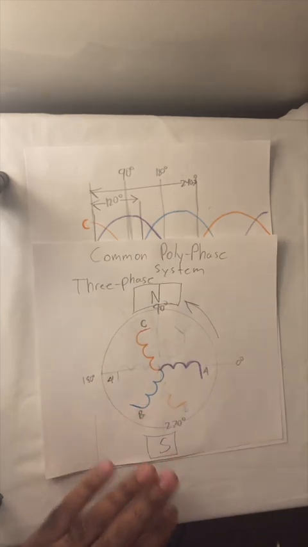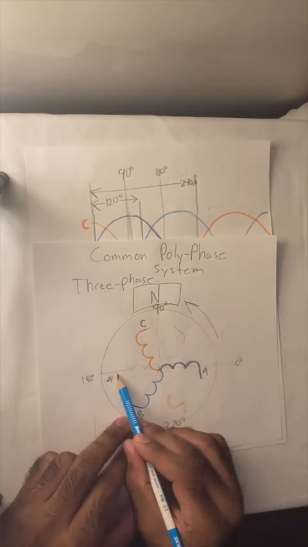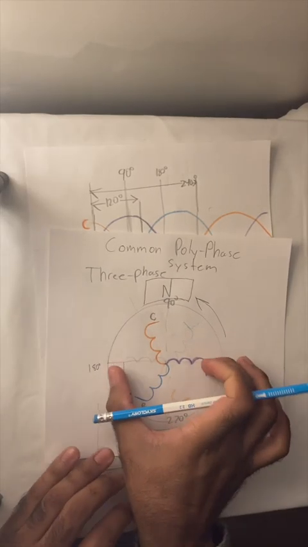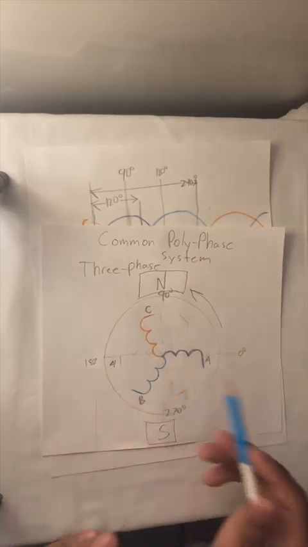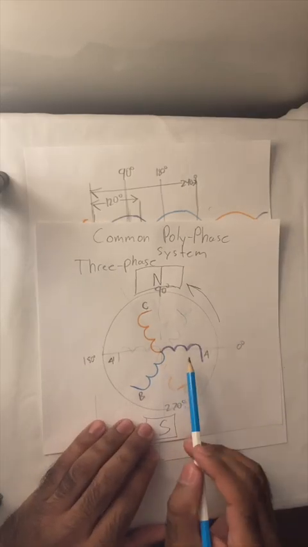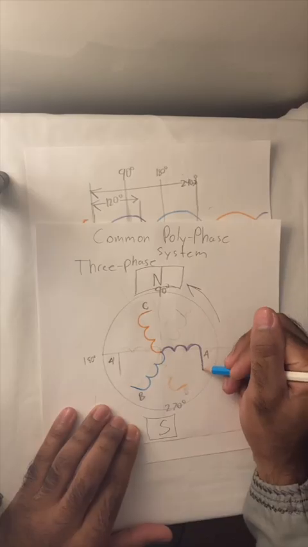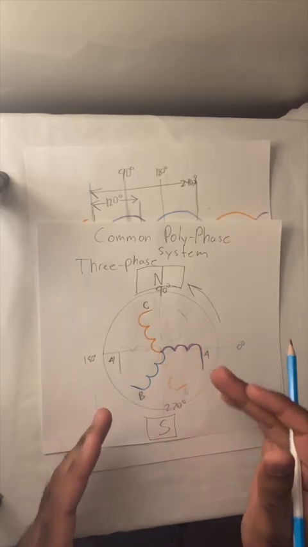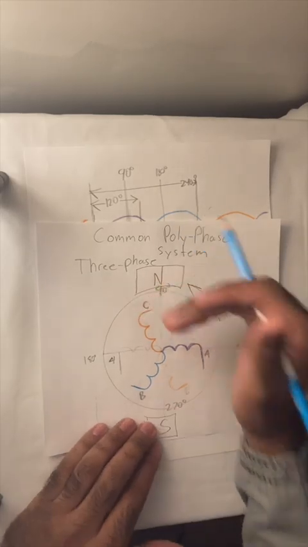Something interesting to make note of is that with this configuration, none of these phases A, B, and C are coupled together, they're not interconnected. So as of right now, this would be considered a 3-phase, 6-wire system.